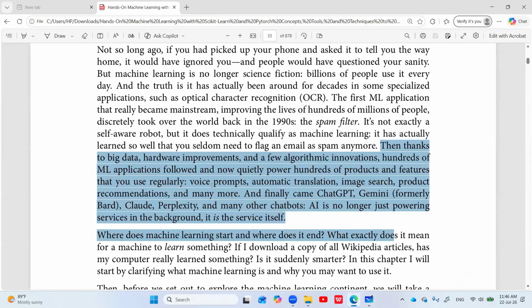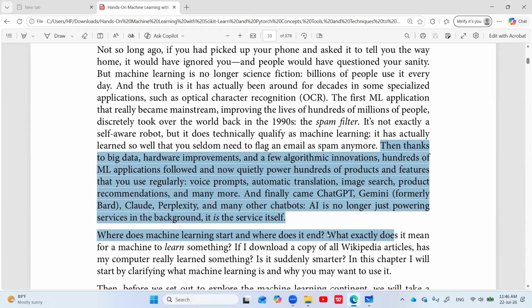Hundreds of ML applications followed and now quietly power hundreds of products and features that you use regularly. Examples are voice prompts, automatic translation, image search, product recommendations, and many more. And finally came ChatGPT, Gemini, formerly Bard. Can you remember that Gemini was previously named Google Bard?